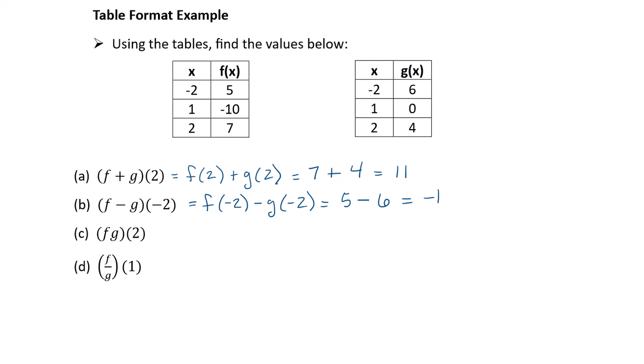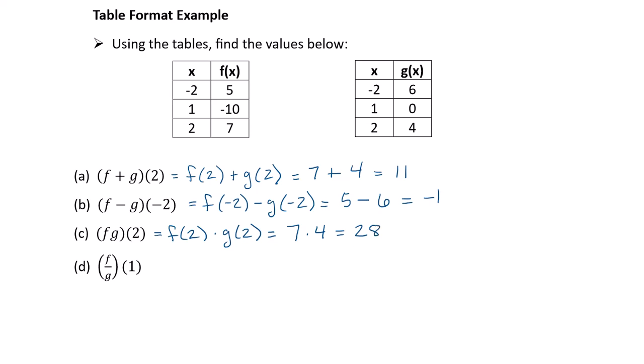Fg of 2, which is f times g of 2, is the same as f of 2 times g of 2. F of 2 is 7, g of 2 is 4, and 7 times 4 is 28.